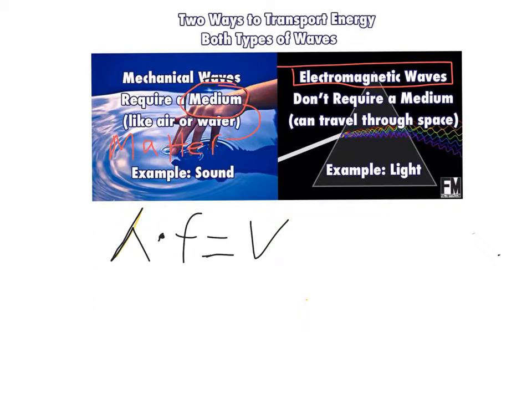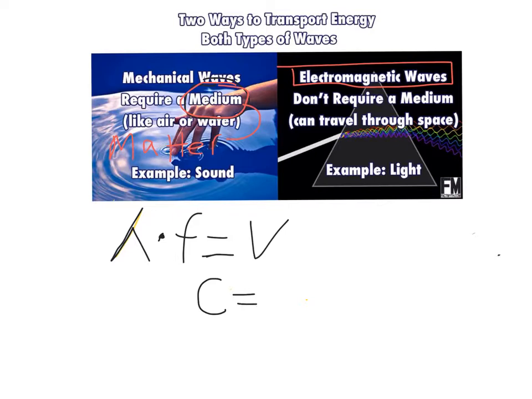If you remember from the Edpuzzles last week, what do we know that electromagnetic waves can do in a vacuum? Or how fast do they travel? And hopefully you remember the answer is the speed of light. And that's actually represented by another variable, which we call c.